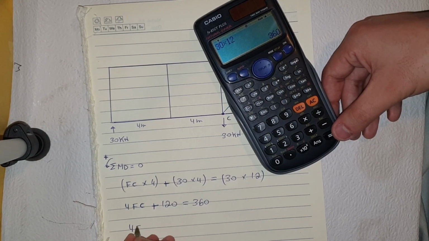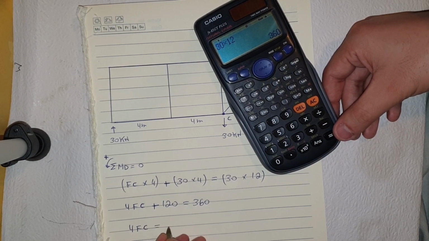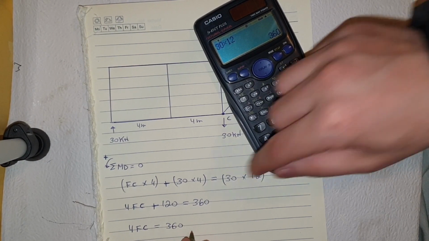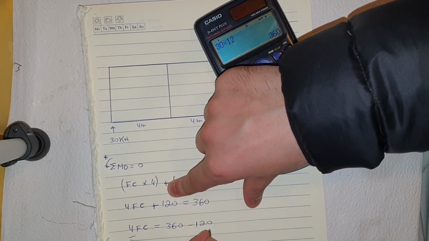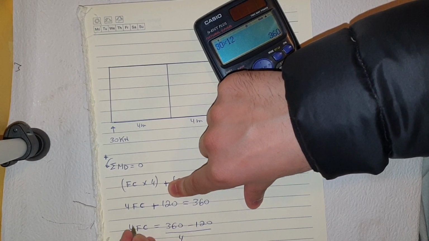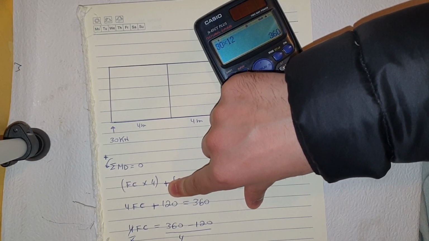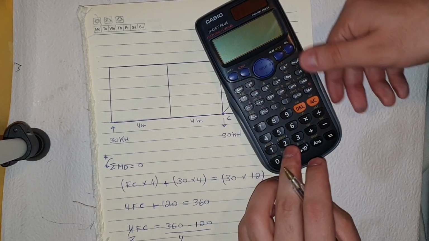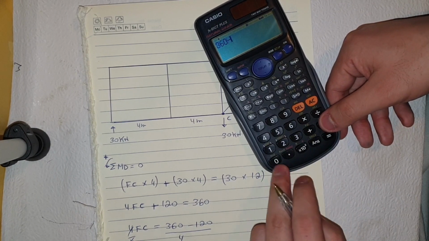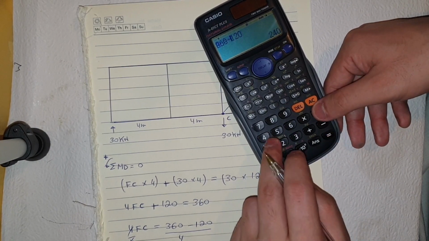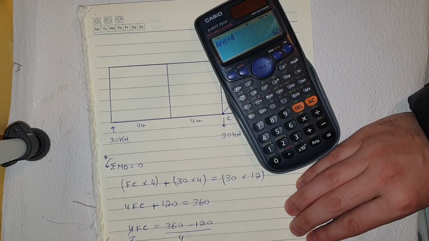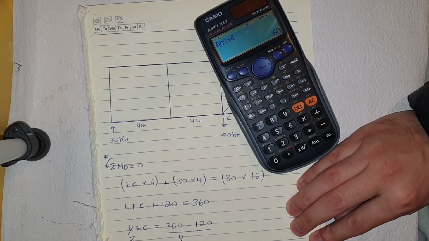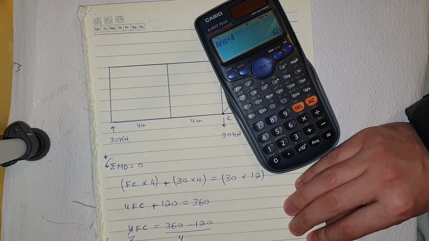So 4 FAC will be equal to 360 minus 120, so both sides divide by 4. The value of my FAC will be 360 minus 120 divided by 4, which is equal to 60 kilonewton, and that's tension.